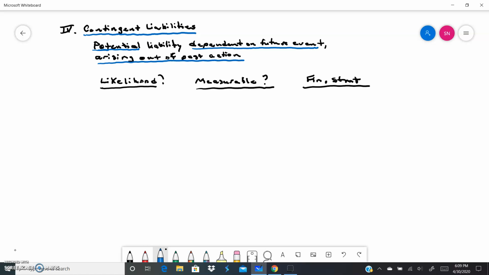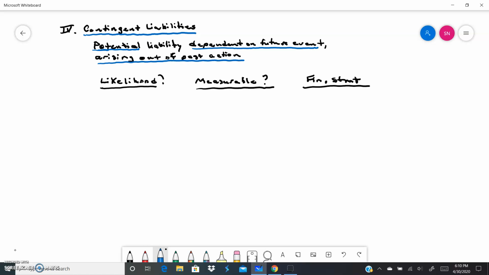So at any point in time, there was a real question of what is that contingent liability. Again, it was dependent upon a future event, so a court or a judge finding the company liable for damages, which could be fines, which could be punitive damages, so in other words being assessed penalties that could have been in the billions of dollars, and of course arising out of past actions, which were selling of the cigarettes over decades. So that would be examples.